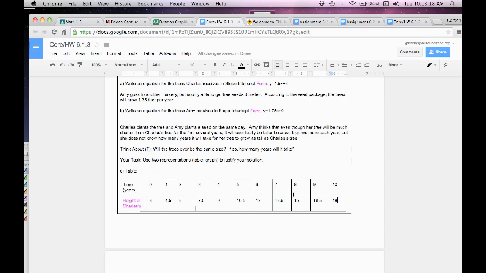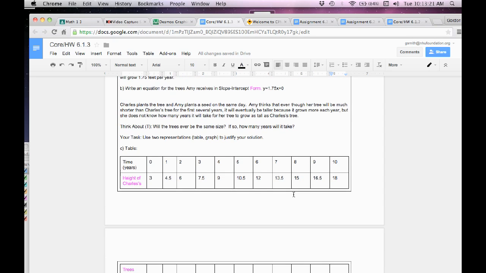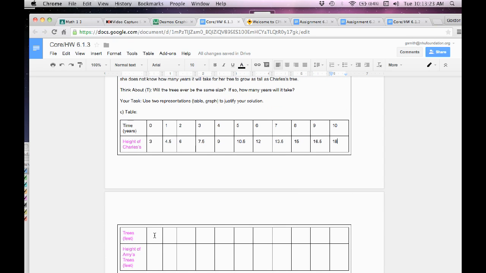Okay. And then we look at Amy's. Amy's grows 1.75 every year, but it starts out at 0 feet tall. And then it's 1.75, then 3.5, then 5.25, then 7 feet tall, then 8.75, then 10.5, then 12.25, and so on.